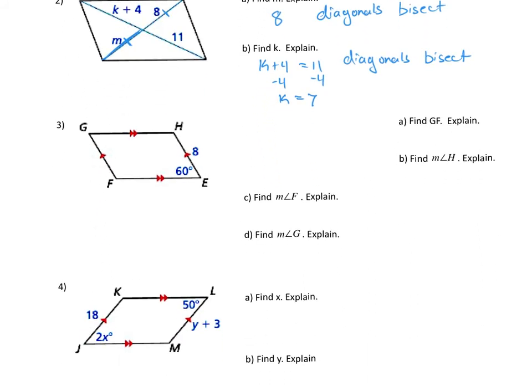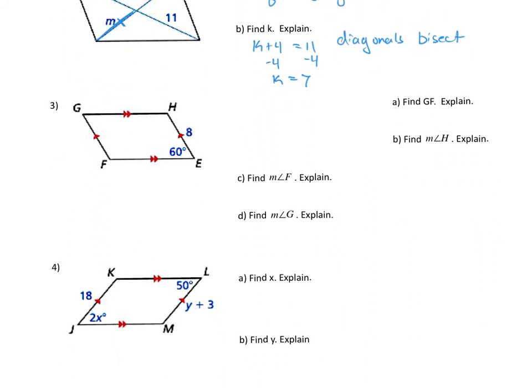Let's look at number 3, find GF. Well, GF, that's 8 because the opposite sides are congruent. Those are opposites.